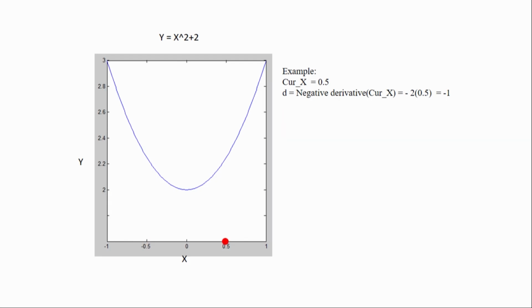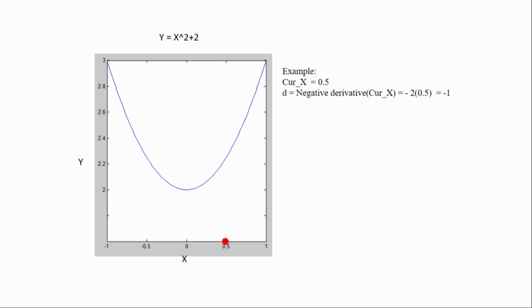So now our algorithm was what? You start with some x, let's say it was 0.5, and you compute the derivative at that point, take its negative, and then move in the direction of the negative derivative, right? Which means your new x would be current x plus d, which in this case is minus 1. So you start with 0.5, and where do you land now in this case? You end up at minus 0.5, right?